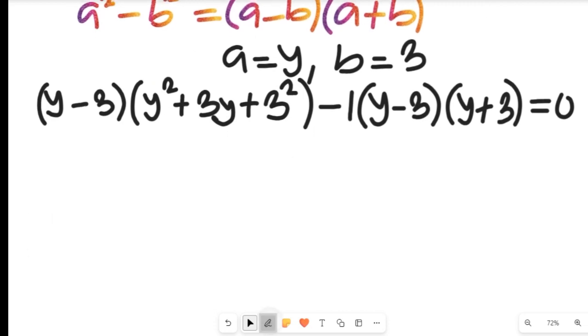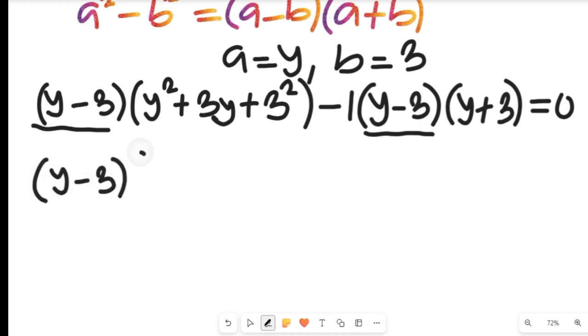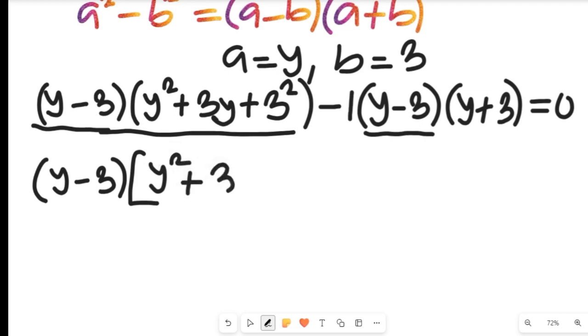Now let's simplify further. When we simplify further, you come to notice that we have two expressions that are common, y minus 3. Now let's look at how we can take out y minus 3, which is common to the expression. If we take out y minus 3, the first expression divided by y minus 3 will give us y squared plus 3y plus 9, right?